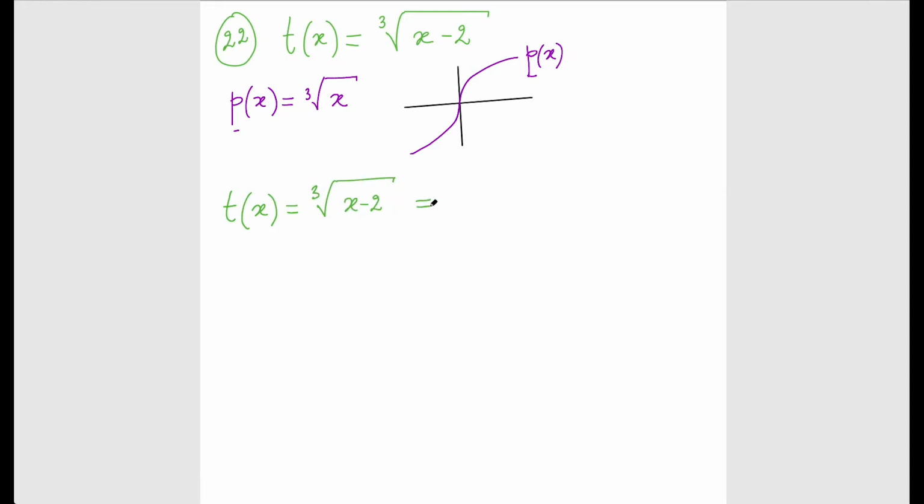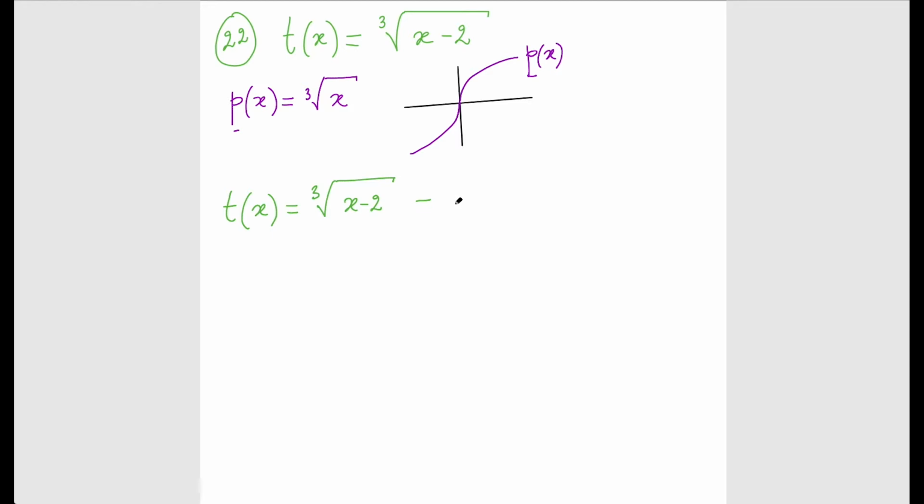How can I write this in terms of P? Well, P of anything is the cube root of the thing, right? And who's the thing? Who's sitting under the umbrella now? It's the x minus 2. So the star better be then x minus 2. So that guy is going to be x minus 2. Okay? Hope it makes sense.